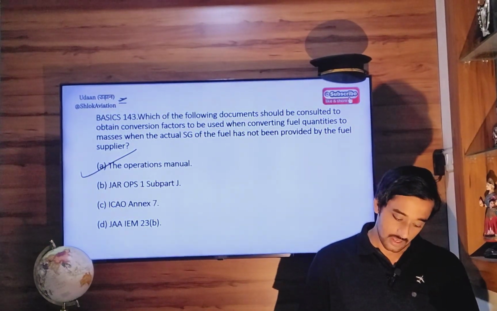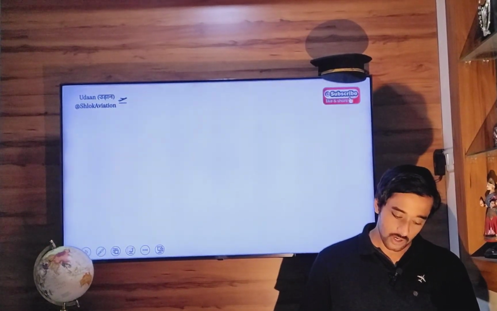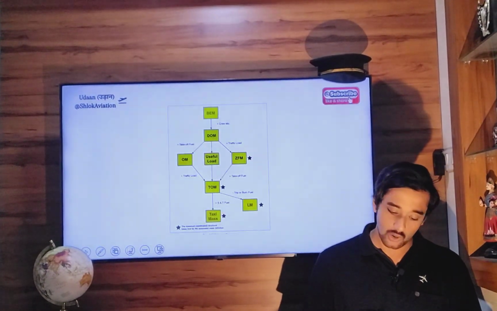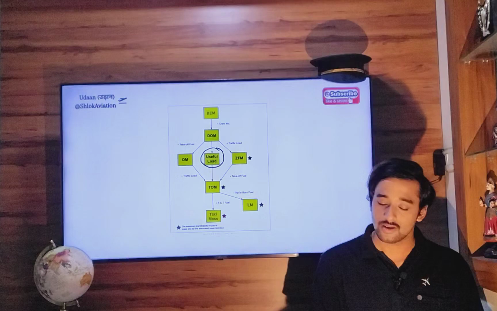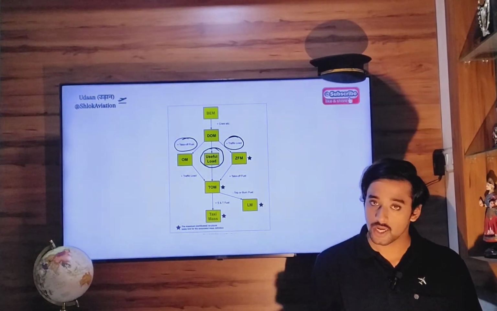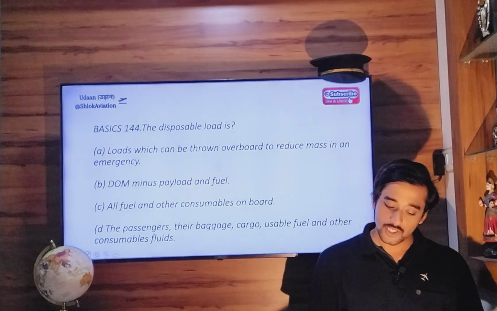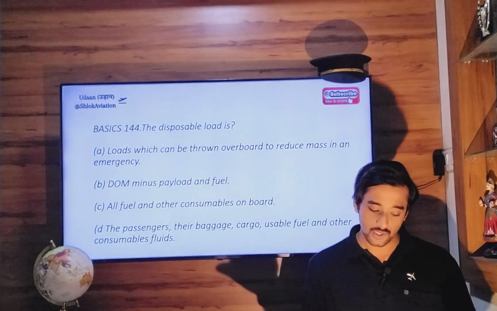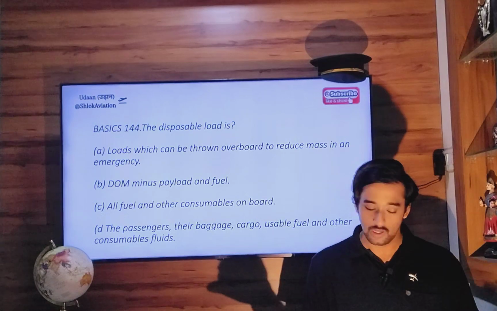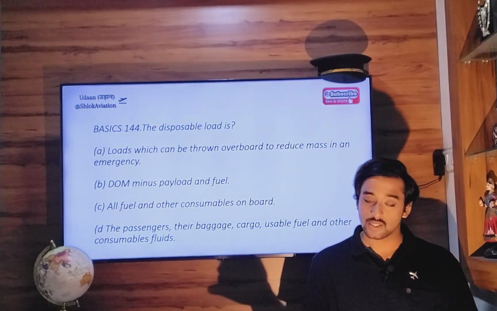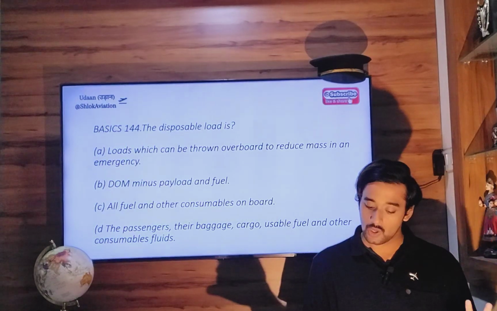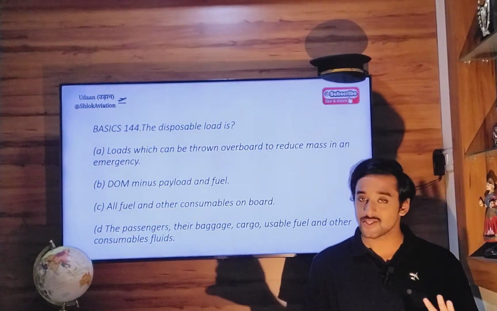Next, 144. The disposable load is what? The disposable load is nothing but your useful load, which is a combination of takeoff fuel and traffic load. So the correct answer is option delta: passengers, their baggage, cargo, usable fuel and other consumable fluids.